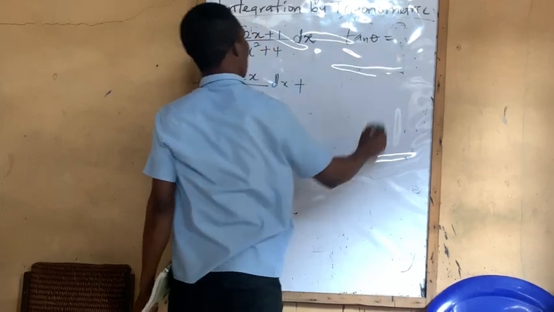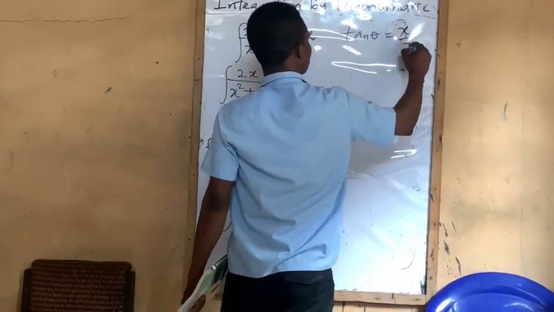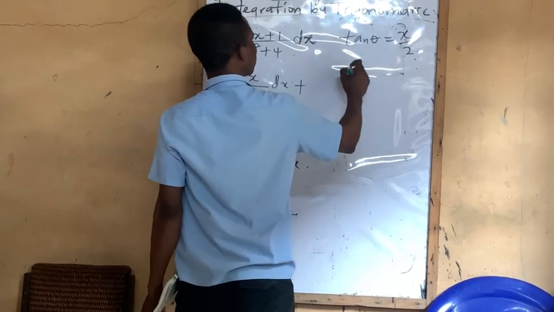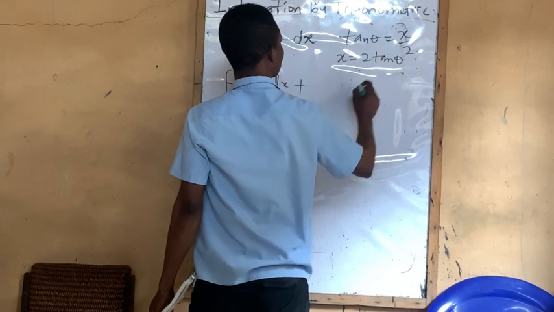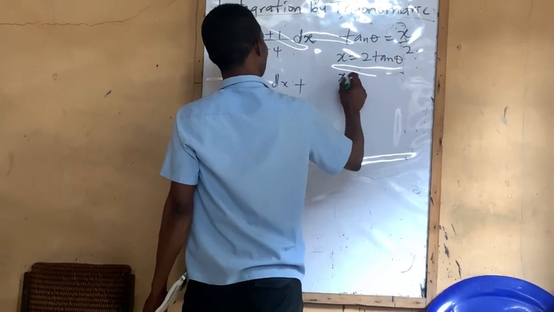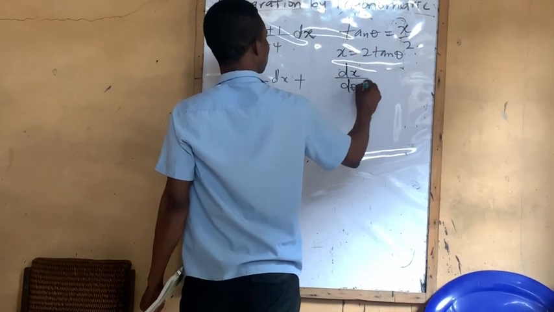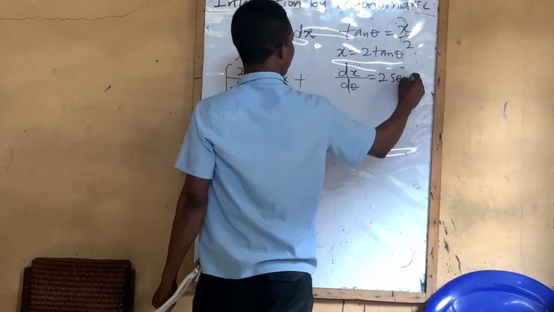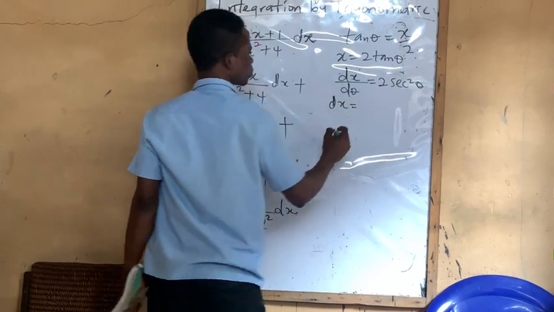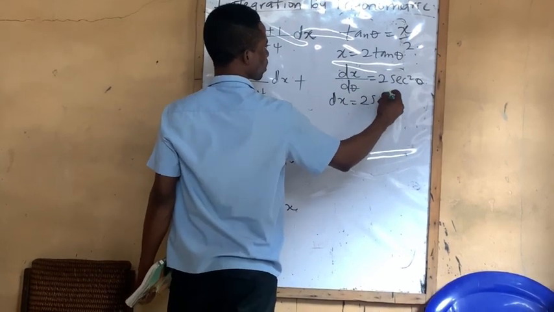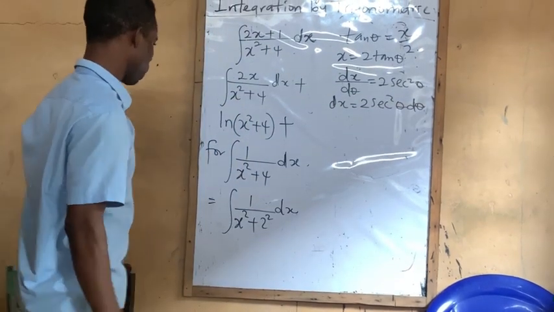Tan theta, and when we use tan theta, it's going to be x all over 2. That means x equals 2 tan theta. So dx d theta is going to give us 2 sec squared theta, and that means dx equals 2 sec squared theta d theta. That's what we are going to have.